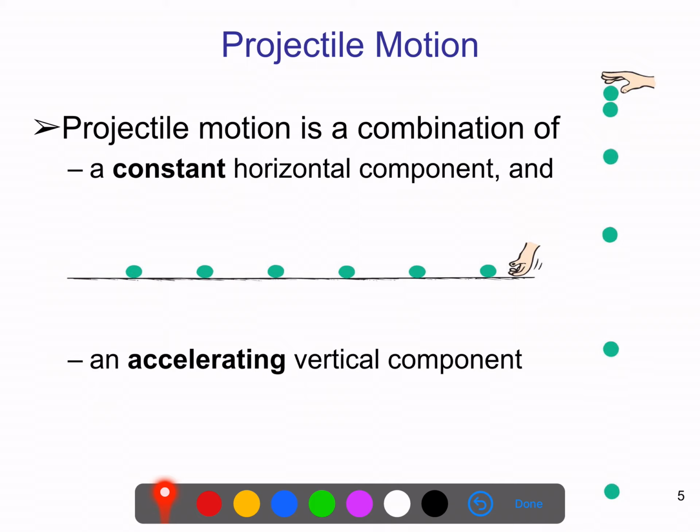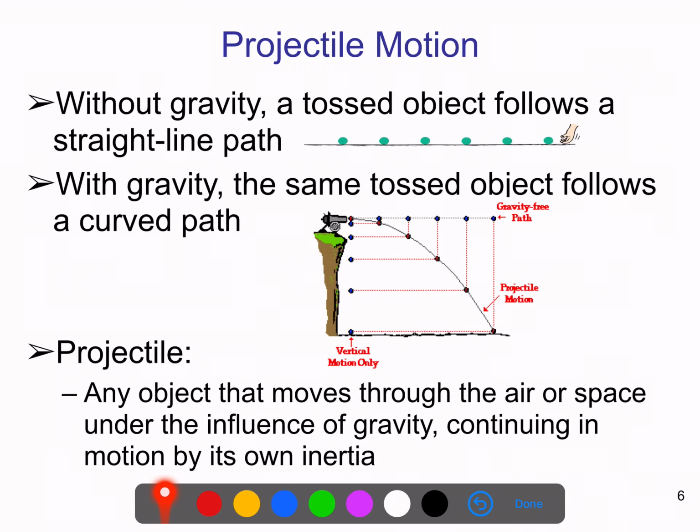Okay, so if you combine this horizontal and this vertical aspect, if you didn't have gravity and you tossed an object, say horizontally, you would just see this even spacing like is depicted here, even if you didn't have this surface here. If there were no gravity and you just threw an object horizontally, it would just keep going as inertia would demand, at a constant rate of speed horizontally.